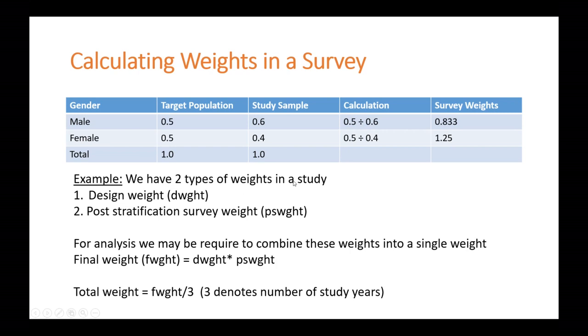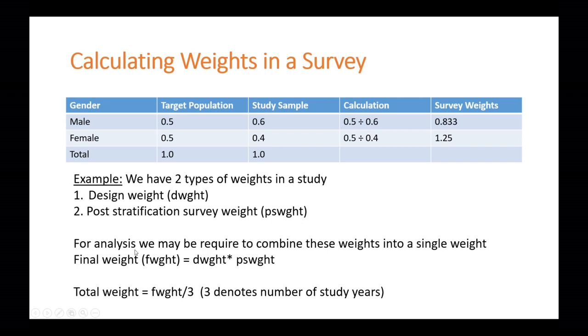So let's say we have two types of weights in a study which we are doing using a secondary data set. You're given a secondary data set, and that data set has a design weight and it also has a post-stratification weight. So both these weights are provided to you in the secondary data set.